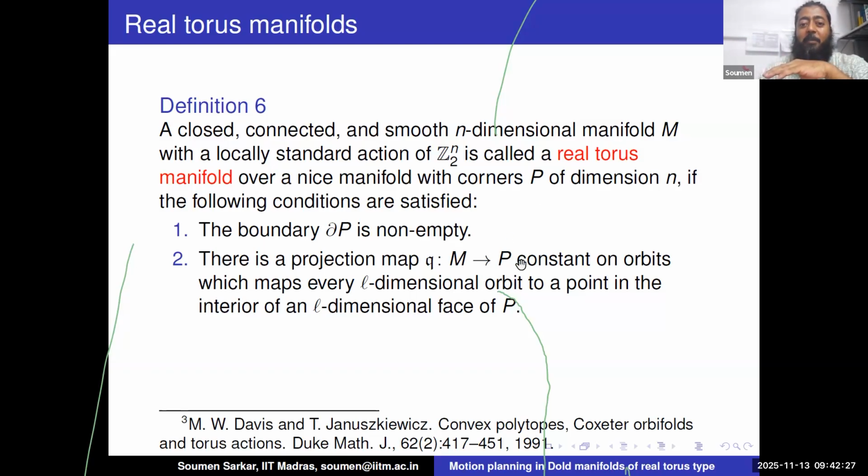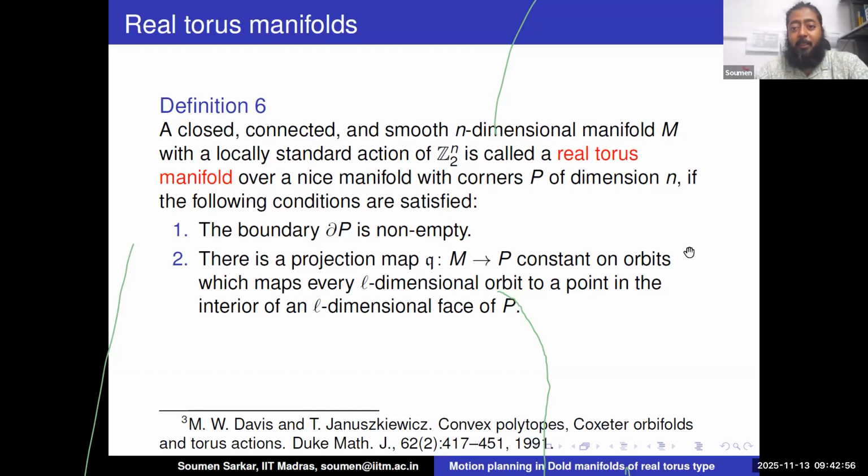This makes life a little bit easier, but in some sense it is also not that easy. Here, when we speak of the dimension of orbits, we are considering Z_2^n as a vector space over the field Z_2. So this is the definition, and these are called real torus manifolds.